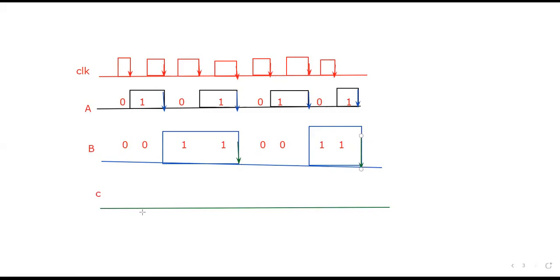and over here this particular is our clock. So from the beginning it would be 0, then it will be 1 for this particular area. From this to this it is 1.